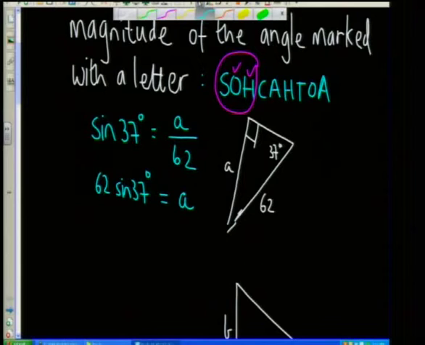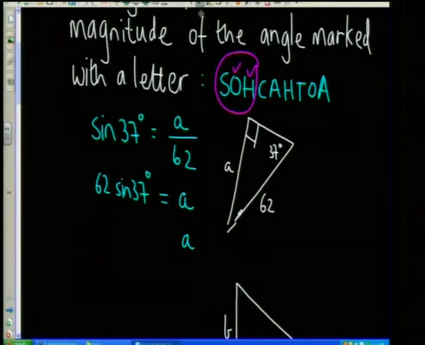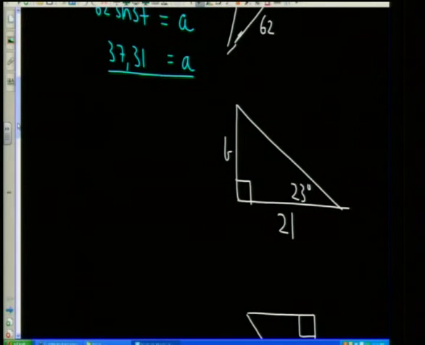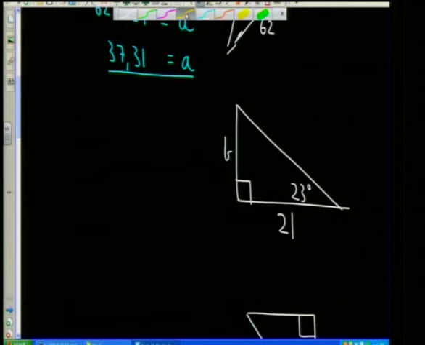So A is 37,31, whatever units they are giving us, in which case it doesn't have a unit at this stage, but this length here is 37,31.